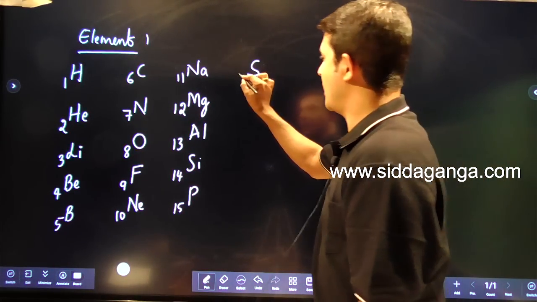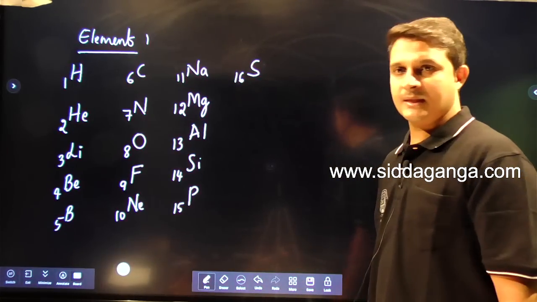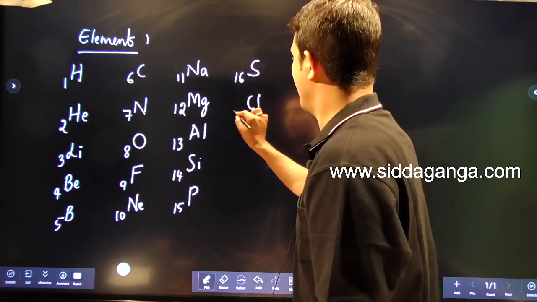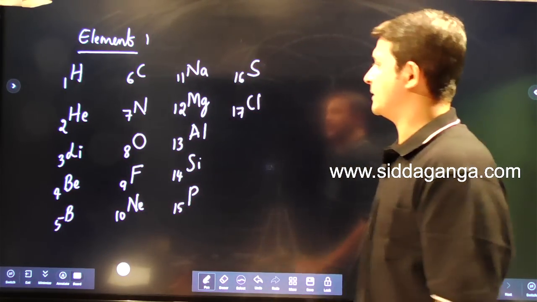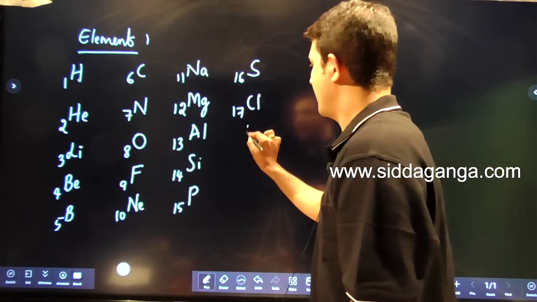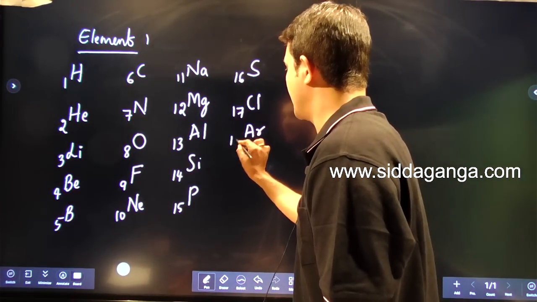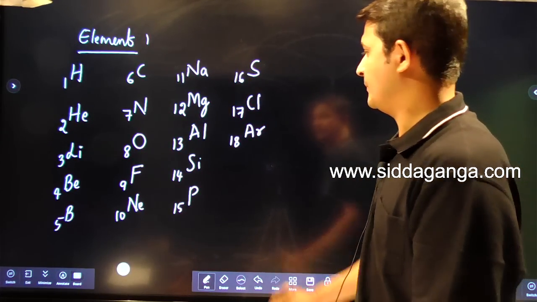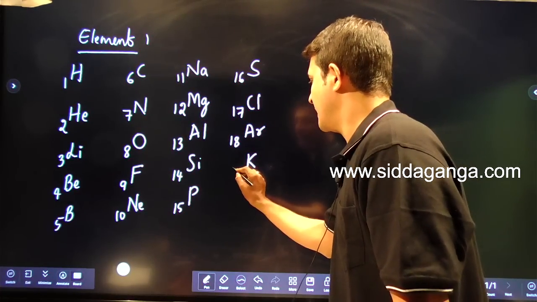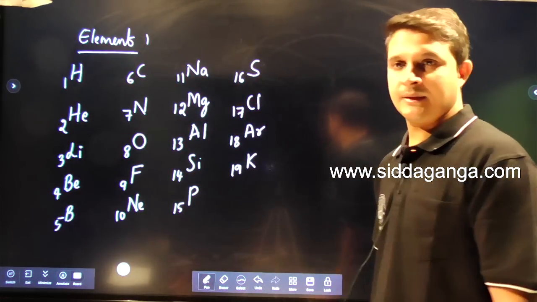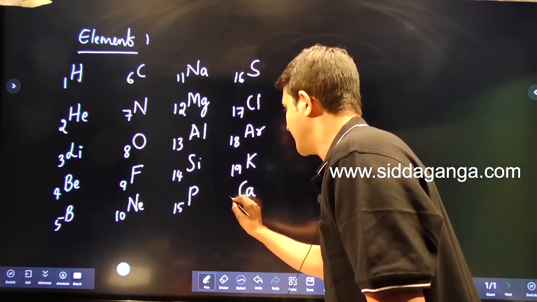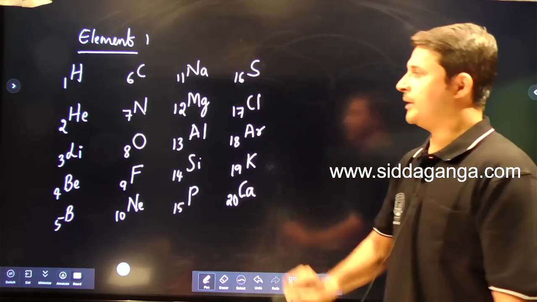Sulfur, atomic number 16. Chlorine, atomic number 17. Argon, atomic number 18. Potassium, atomic number 19. Calcium, atomic number 20.